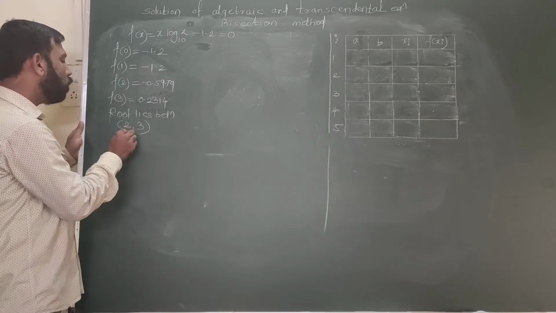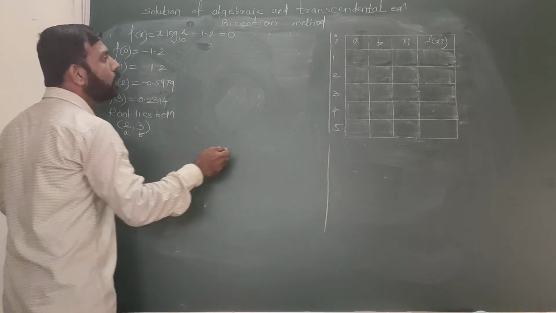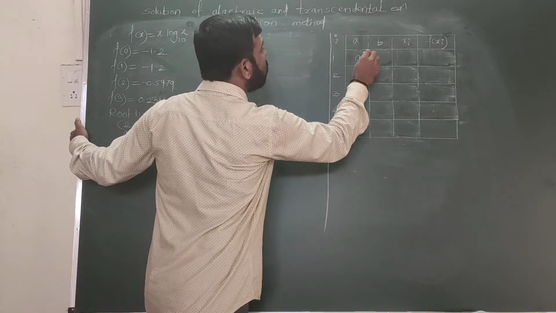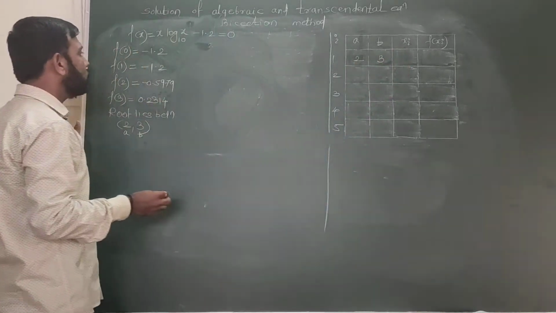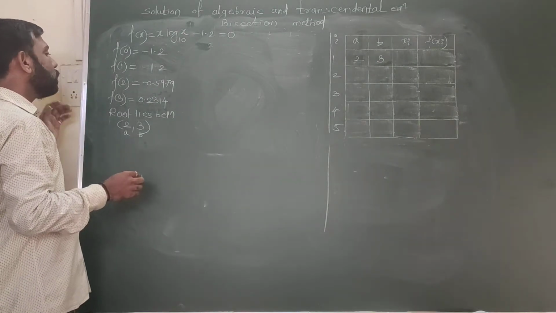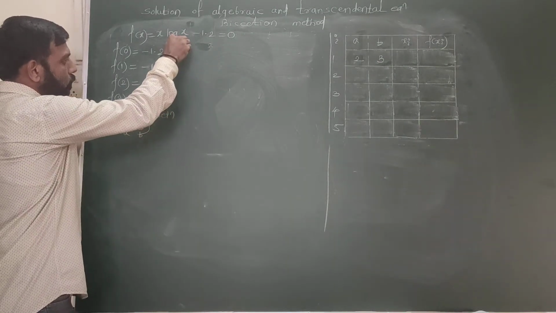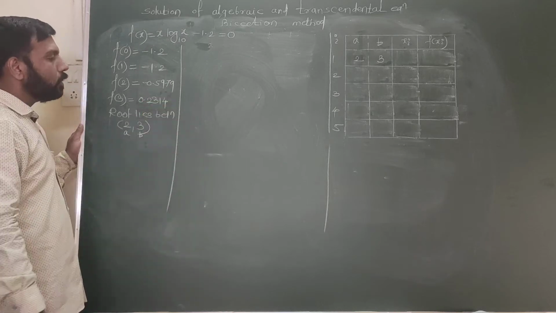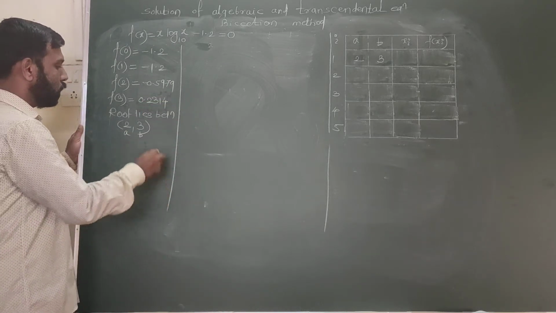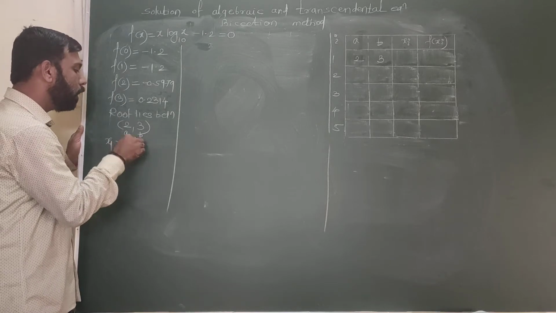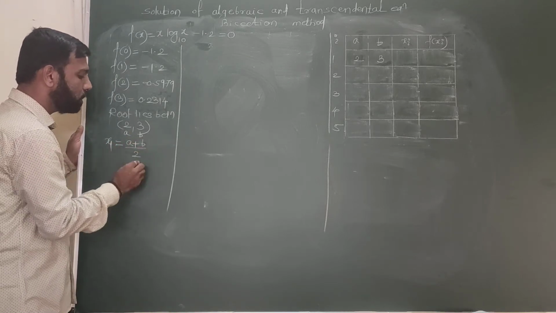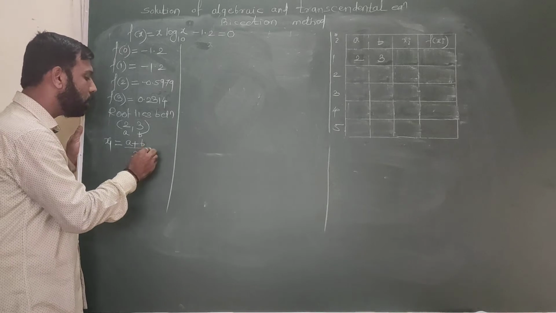So we got the values of a and b. The value of a is 2 and the value of b is 3. This is our assumption. We start with the calculation of the first approximation. Now x1 is equal to a plus b upon 2. This is the formula for the bisection method.